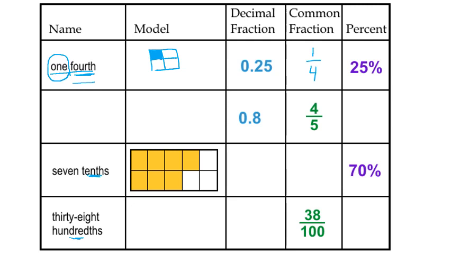If I type this into my calculator and I did 1 divided by 4, does 4 fit into 1? Nope, it does not. So we start with a 0, and we have to use decimals now. Does 4 fit into 10? Sure does. 2 times.